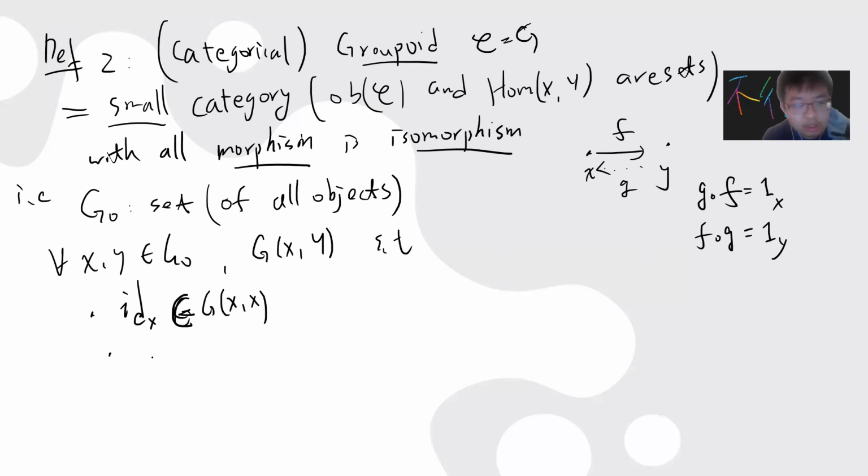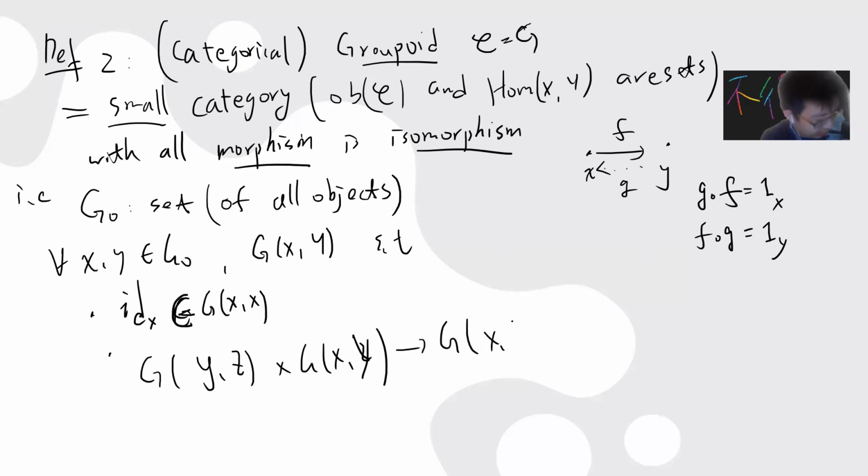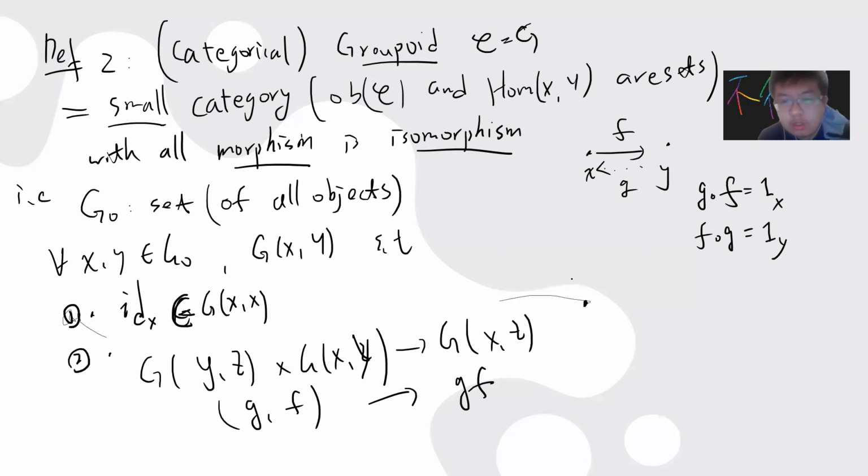So there's a composition such that G_YZ cross G_XY maps to G_XZ. So this means that X maps to Y and Y maps to Z, right? So this is g, this is f. You can compute gf. Okay, and also there's an inverse. So this is 1, 2, and 3.